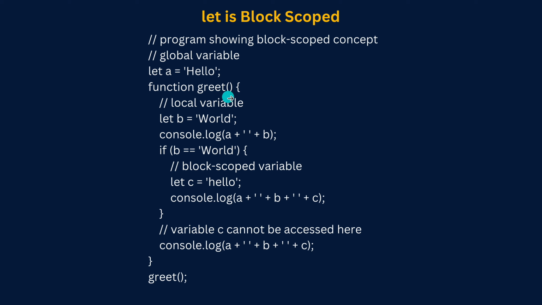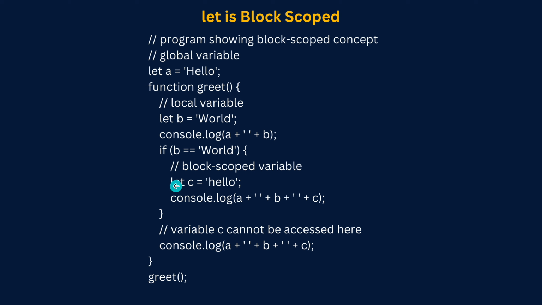Now this is closed. Which one closed? This, right? The if block. Now if I'm writing console.log a plus b plus c, will it work or not work? Not work, sir, because c cannot be accessed. C cannot be accessed because even though this is an if condition, this is let, and its scope is within this block only.